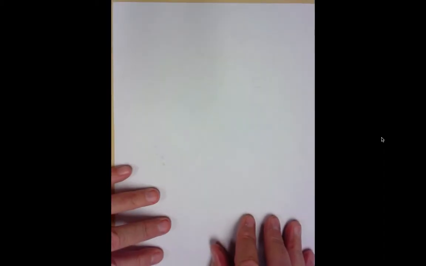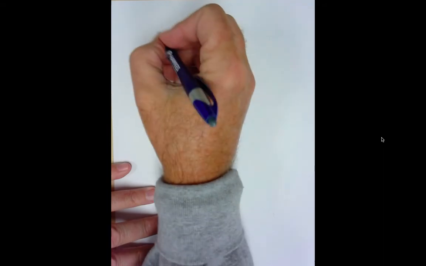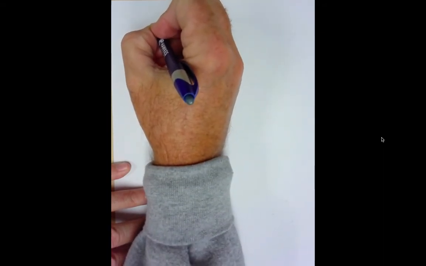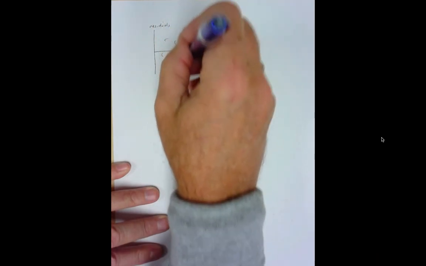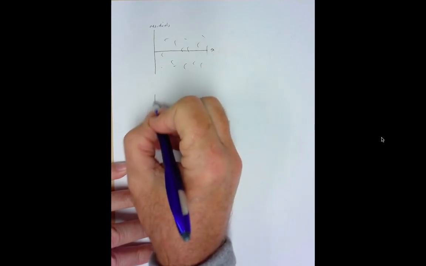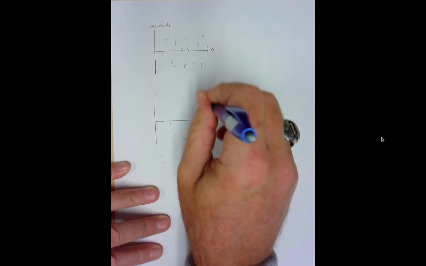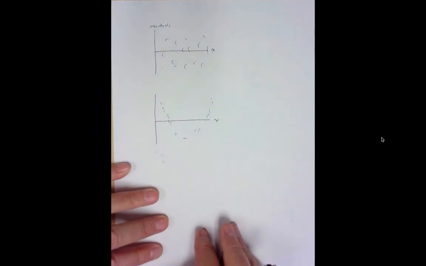But what will happen is we'll typically get a residual plot that will look like this. This.